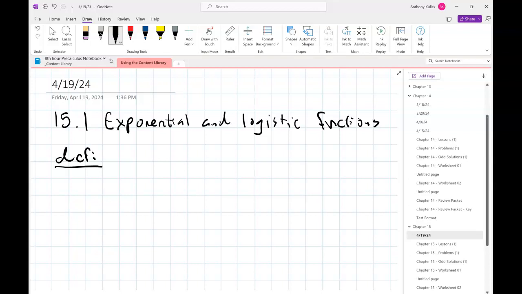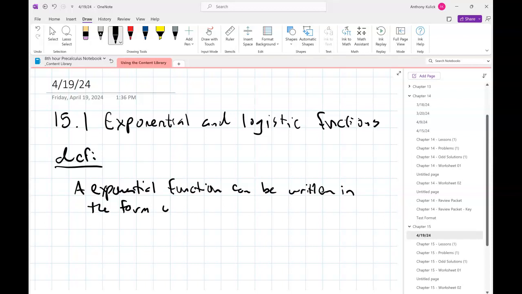So we say an exponential function can be written in the form y equals a times b to the x.